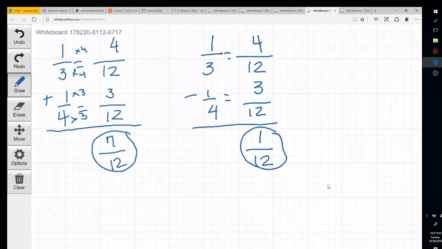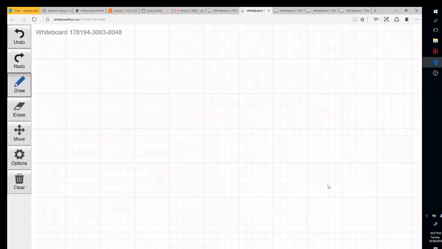Okay, so now for the remainder of your homework, we've already gone over 1 through 4, or I've assigned you 1 through 4. Now here are the rest. There's 10 problems. So number 5, 3/4 minus 2/4. Let's start off with an easy one.